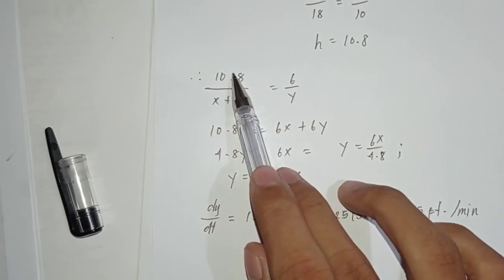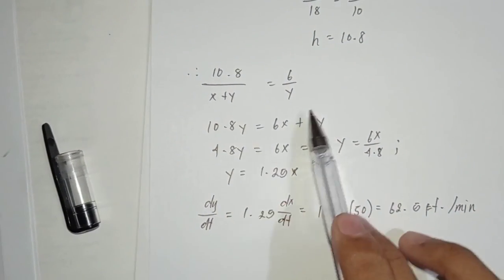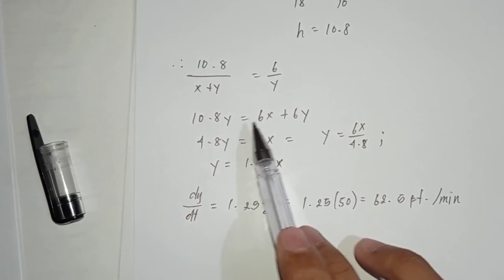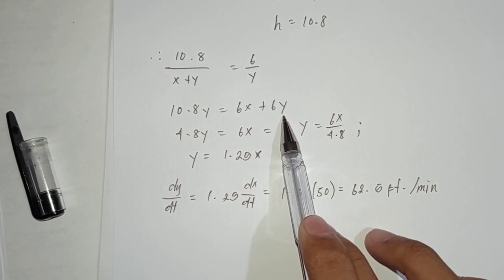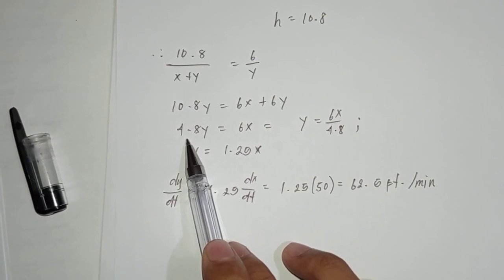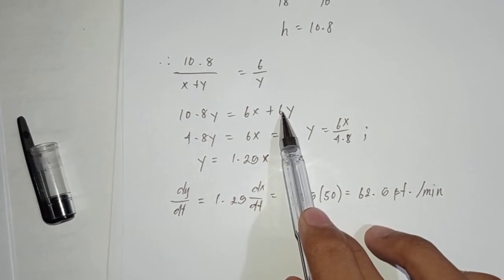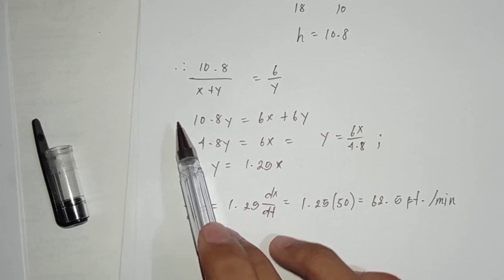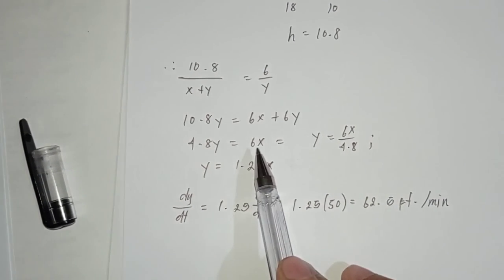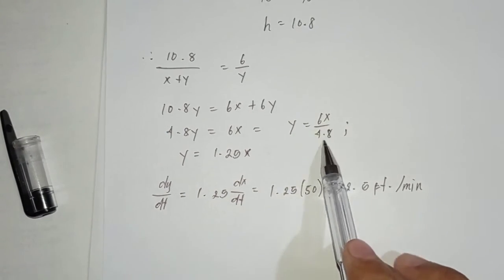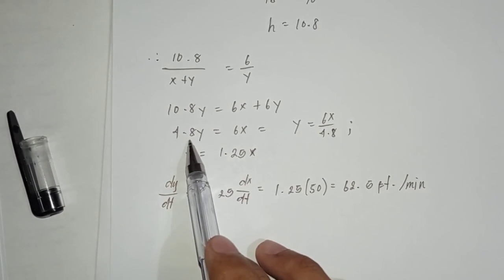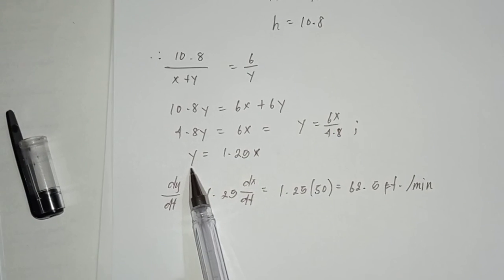Then we cross multiply again. 10.8y equals 6 times x plus 6 times y, so 10.8y equals 6x plus 6y. 4.8y is equal to 6x. We transpose 6y and then we subtract. The whole equation will become y is equal to 6x over 4.8, wherein we cancel 4.8 from y.